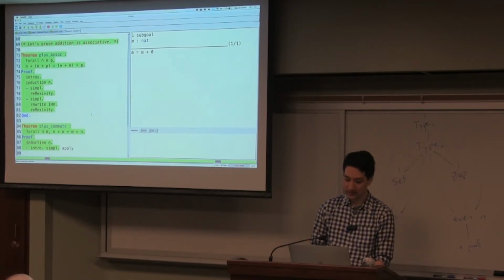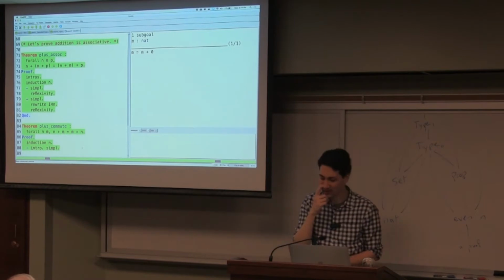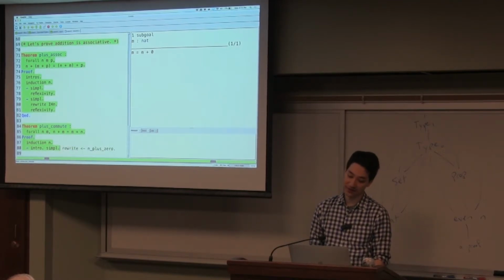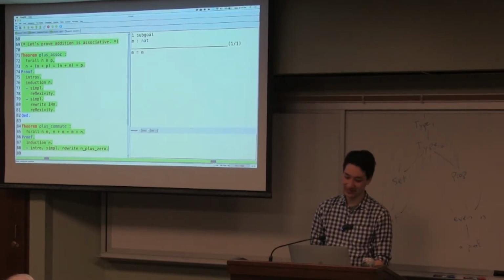So simple gets me this far, but it. Okay. Remember, this is the hard one. Oh, yeah. Or is it? I don't know. Actually, not apply. I think I'm going to do rewrite this way. Oh, no. Other way. You know. There we go. And then reflexivity. All right, great.